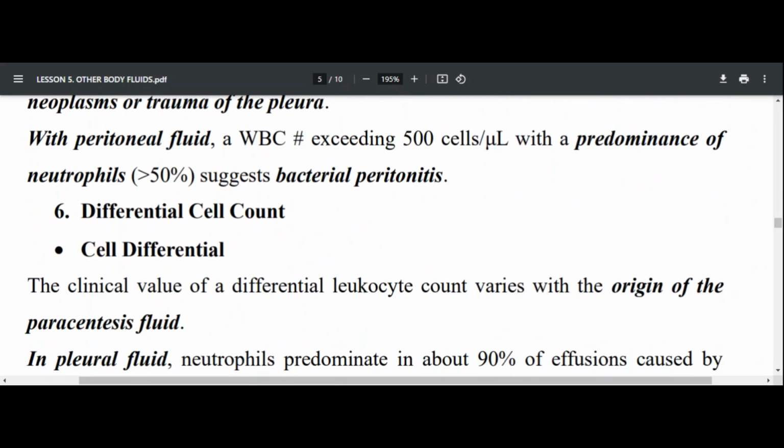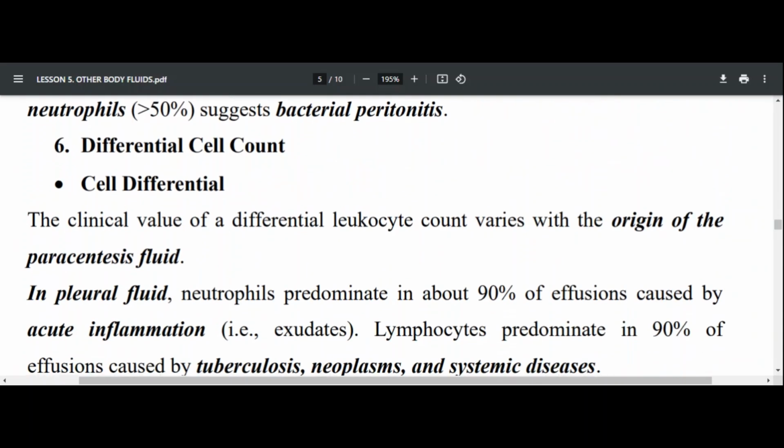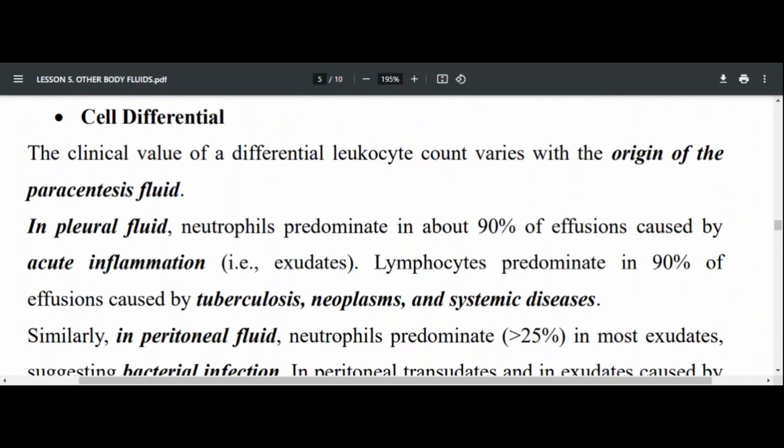So differential count can be valuable in the clinical lab in order to establish a diagnosis. In pleural fluids, neutrophils predominate in about 90% of effusions caused by acute inflammation. Of course, it will be exudates, for example, exudate pleural fluids.